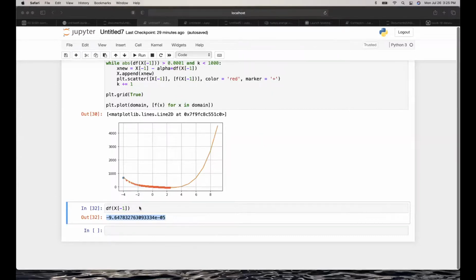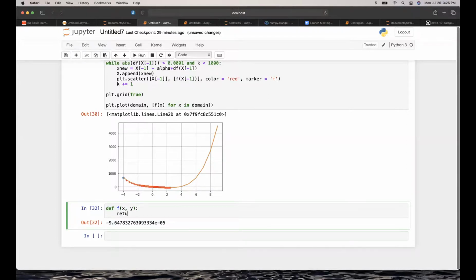Okay, so now I'm going to say f of x comma y, return x minus 1.0, all squared, plus y plus 1.0, all squared.